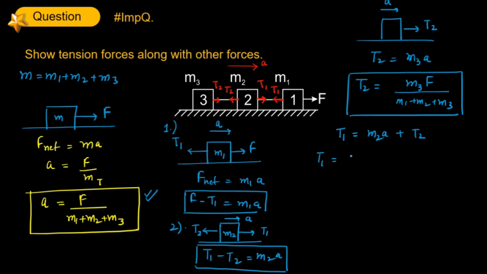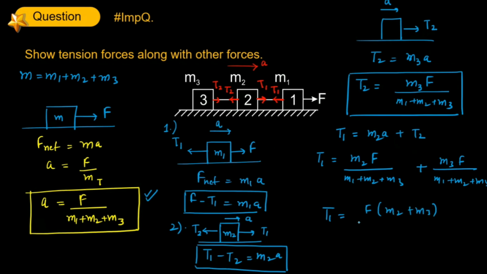So M2A is going to be M2F over M1 plus M2 plus M3, where acceleration is F by M1 plus M2 plus M3. So I just substitute the value of acceleration here. Where T2 is M3F over M1 plus M2 plus M3. So T1 is going to be F times M2 plus M3 over total mass.